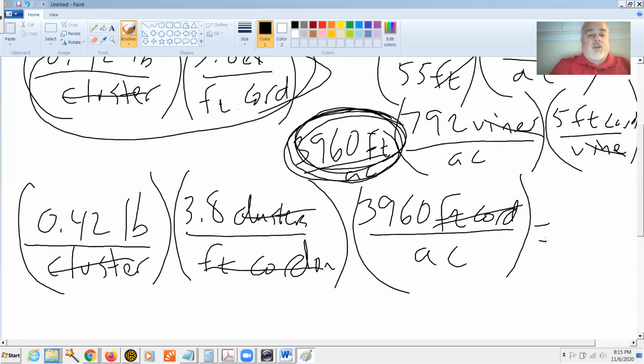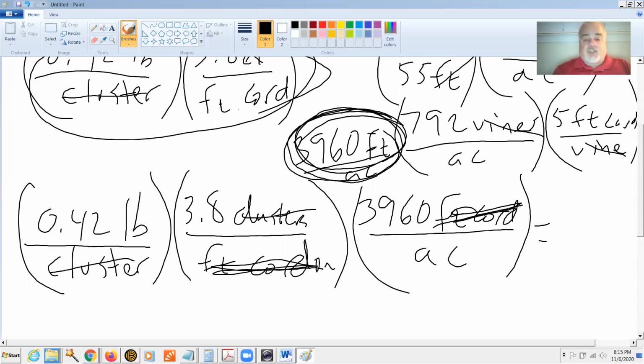I've got these three numbers, 0.42 pounds per cluster times 3.8 clusters per foot of cordon. And I needed feet of cordon per acre so I could get rid of feet of cordon and get acres in the bottom. And now I'm done. Anything in the top I multiply, anything in the bottom I divide.